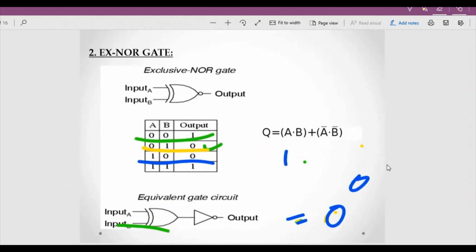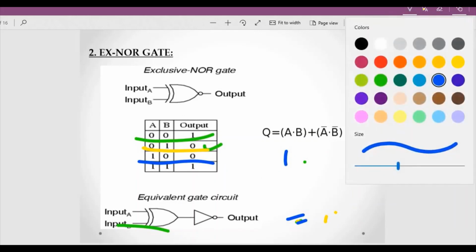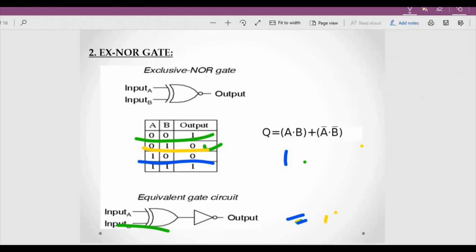Now the final case. In the final case, we will take both the inputs as logic high, or you can also say that both the inputs are the same. So a is 1 and b is 1, and both complements would be 0 and 0. So ultimately you are getting 1 plus 0, which is 1.